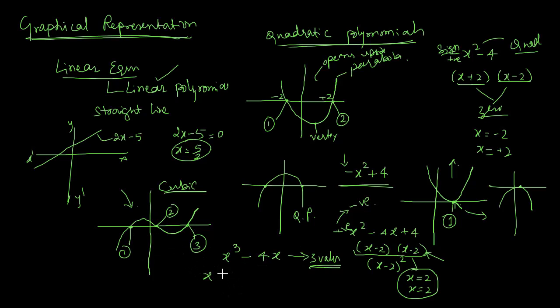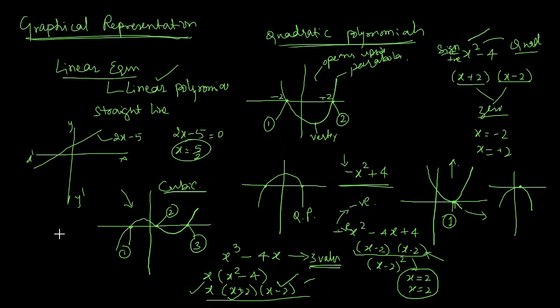If I take x common, that will be x square minus 4. X square minus 4, I can write as x plus 2 and x minus 2. 1, 2, 3. 3 values. Cubic polynomial 3 values, and quadratic polynomial 2 values.